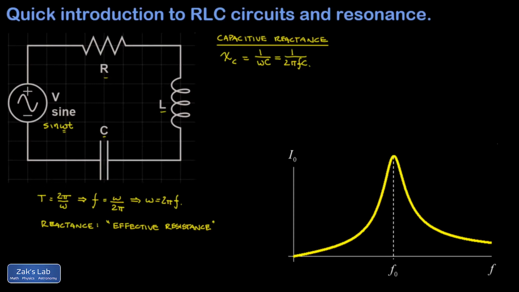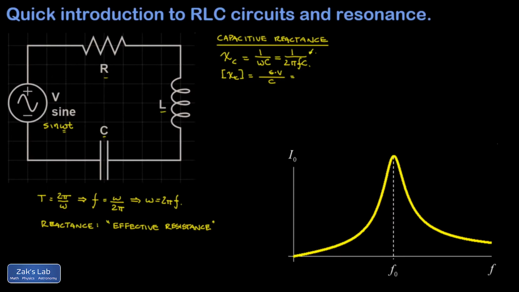I do want to look at the units of capacitive reactance real quick. Frequency has units of hertz or 1 over seconds, so I end up with seconds in the numerator. And then capacitance is charge per volt, coulombs per volt, so I end up with coulombs in the denominator and volts in the numerator. Then I see seconds per coulomb. Well, that's the reciprocal of coulombs per second, which is current.